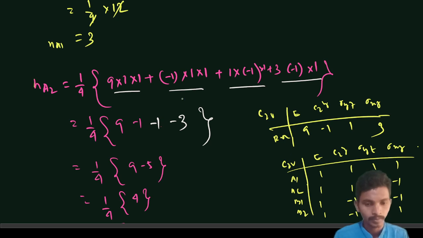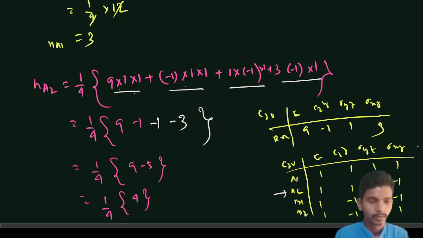So here if I multiply for A2, and this is 9, 9, 9, then 1, 1, 1, then this is minus 1, 1 and 1.